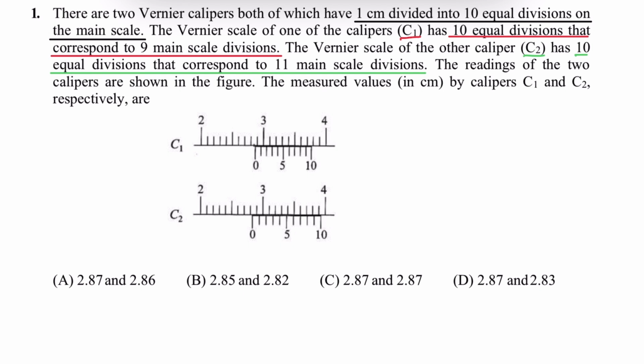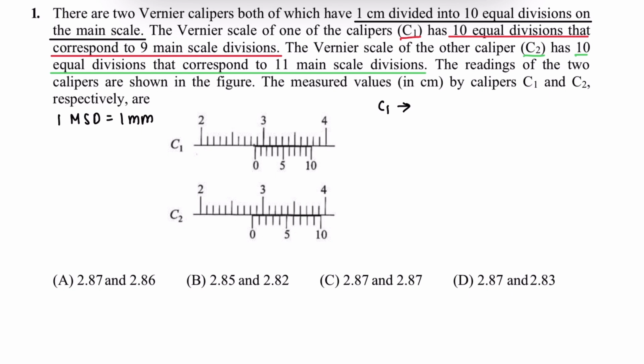So, they told us that 1 centimeter is divided into 10 equal divisions on the main scale. That's our usual thing, that 1 centimeter has 10 divisions, so each MSD is 1 millimeter. Those are our usual conditions, so I'm just going to write that somewhere here. 1 MSD is equal to 1 millimeter.